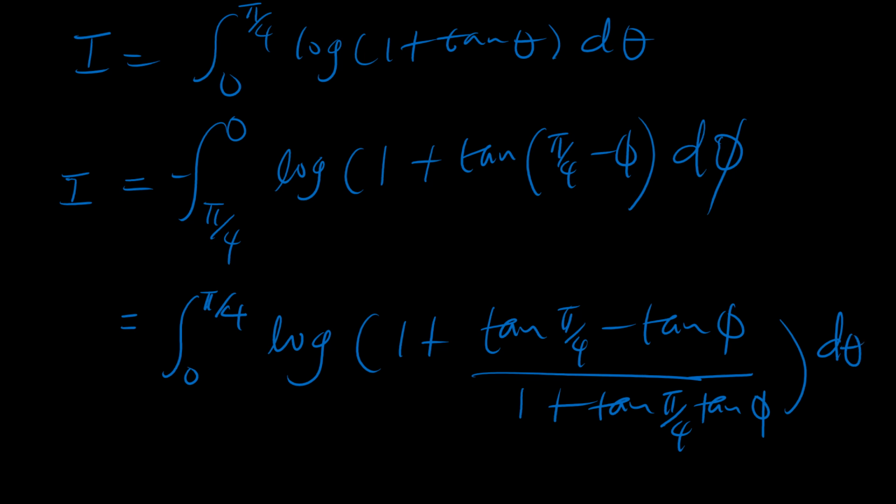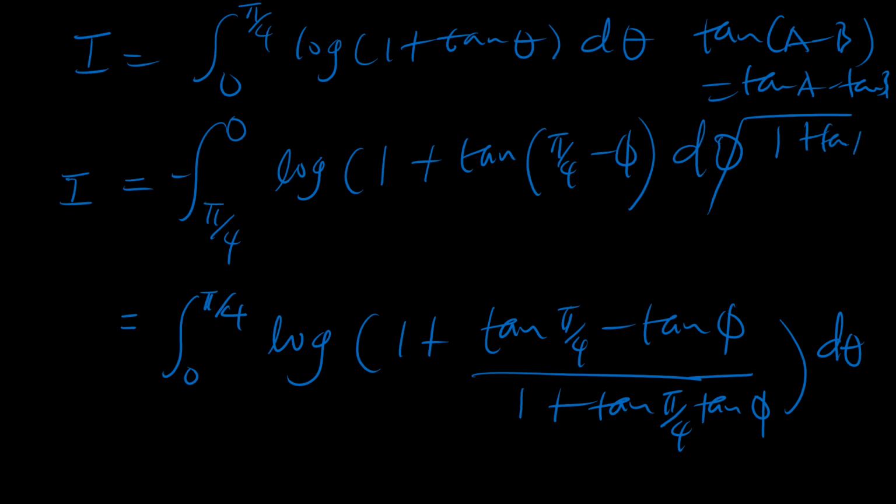This comes from knowing that tangent of a minus b is equal to tangent a minus tangent b all over 1 plus tangent a tangent b. So that's where it comes from.